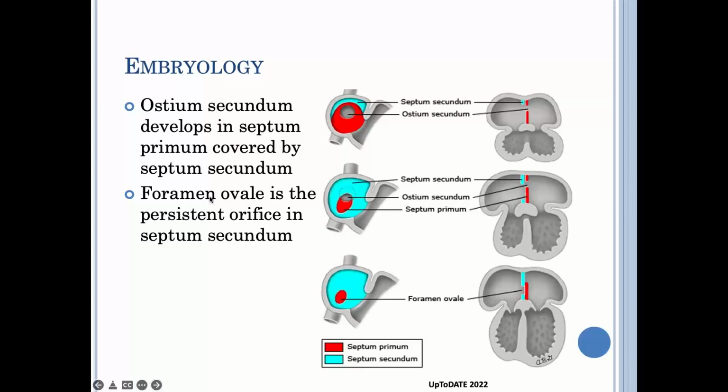Then the foramen ovale that I'll briefly touch on later as well is kind of a persistent orifice that forms between these structures, and it's persistent in the septum secundum. And you can see in this figure here, the red is essentially the septum primum, the blue is the septum secundum, and the foramen ovale is shown in the cross section.